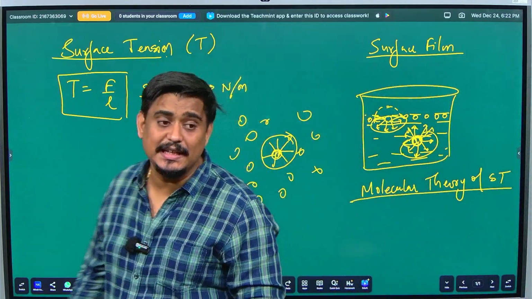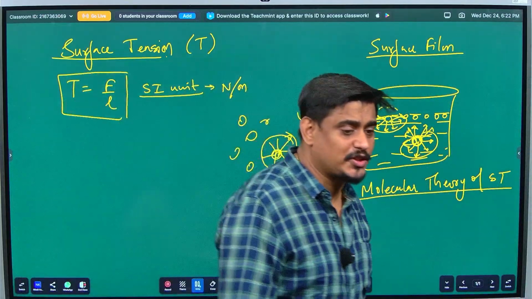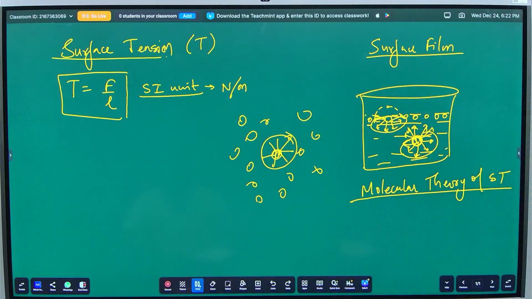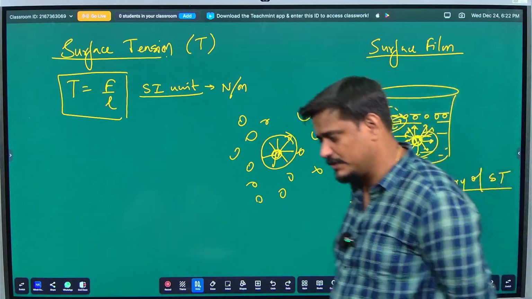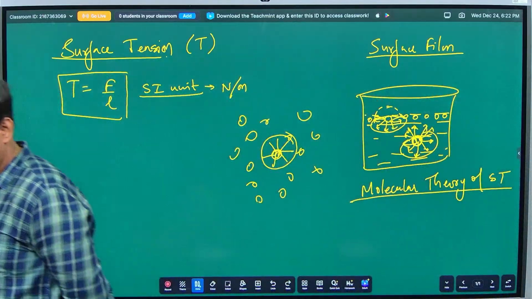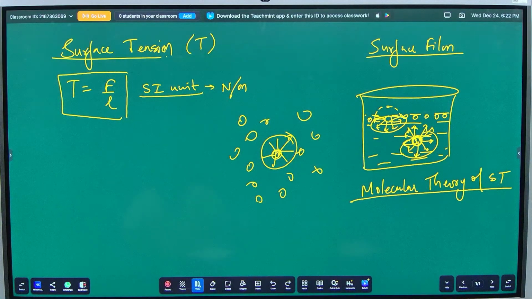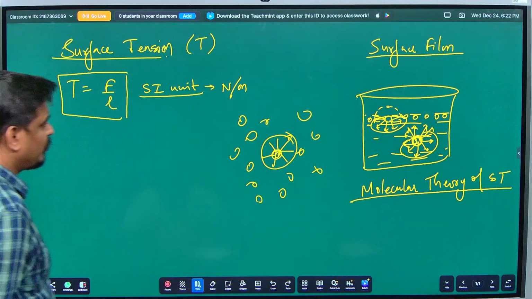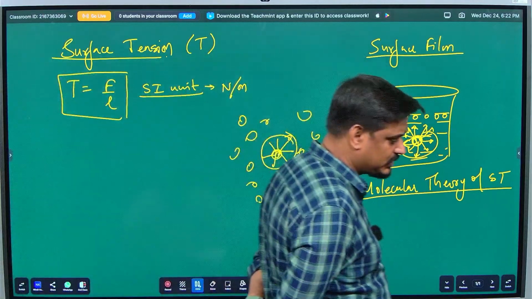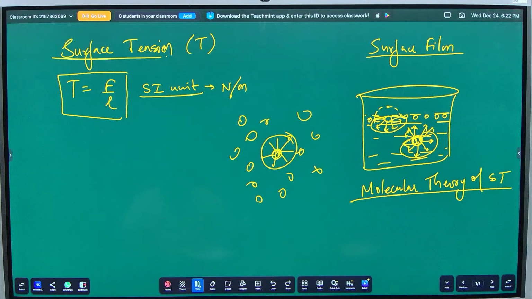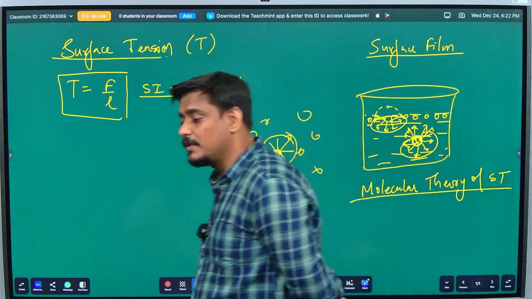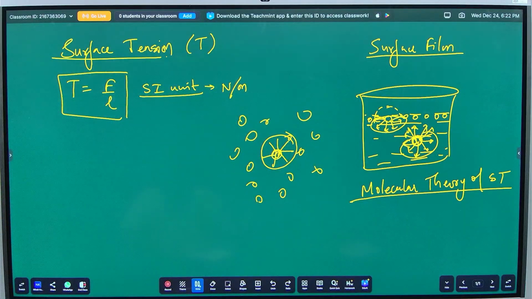This increases the potential energy of such molecules, making them unstable.